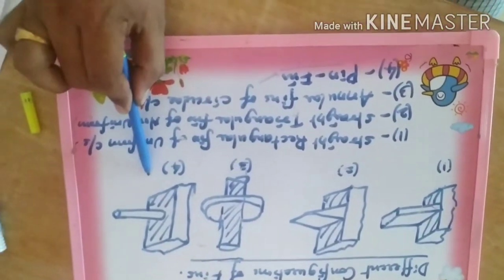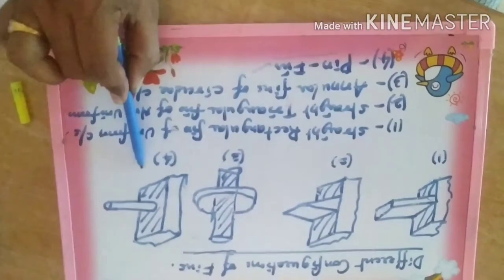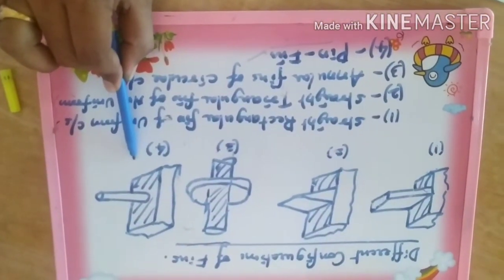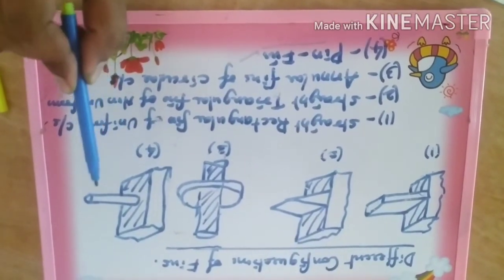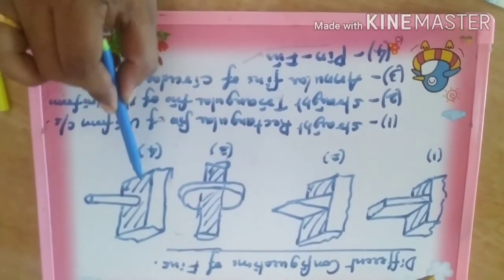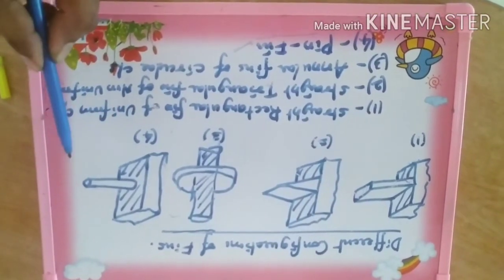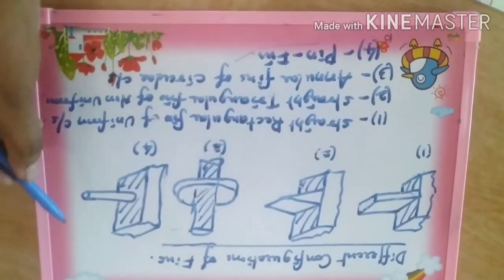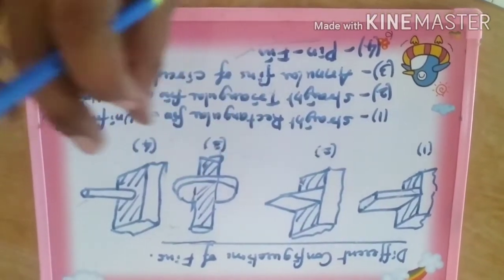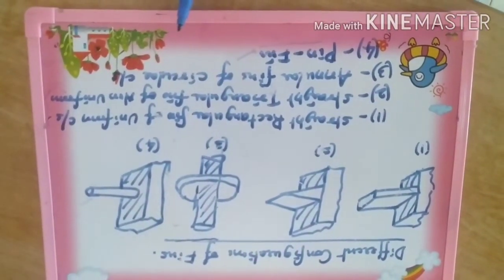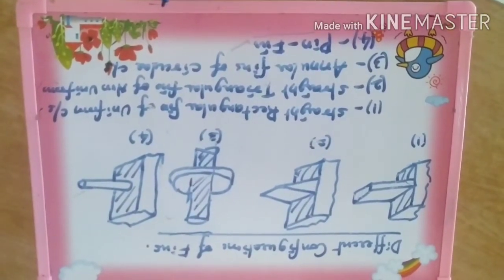And the last one is called pin fins. The specialty of this fin, why it is called a pin fin, is that the fin attached to the base surface is in the form of a cylinder. You can see this is in the form of a cylinder, having uniform cross section area, hence it is called a pin fin.